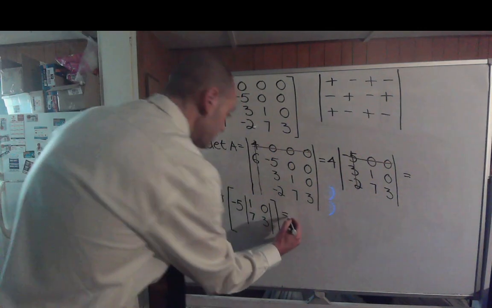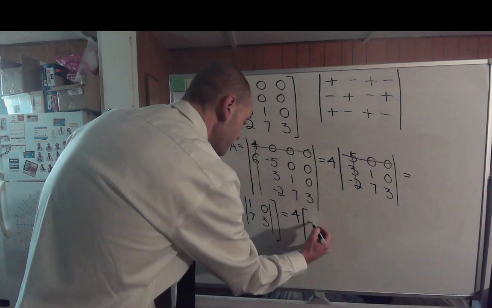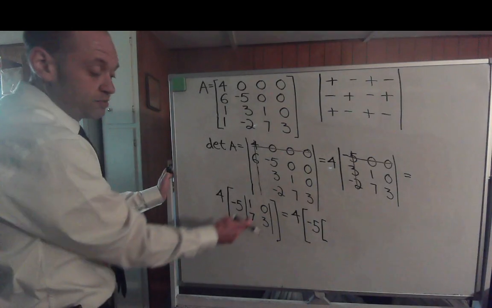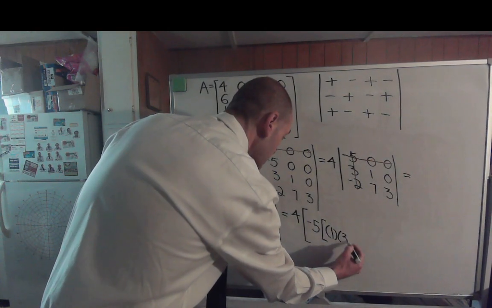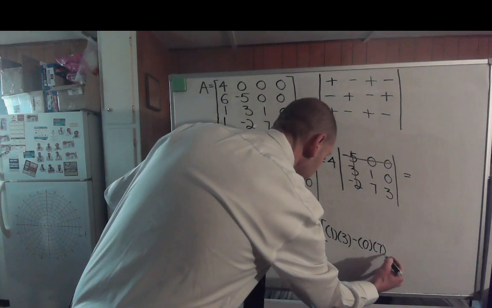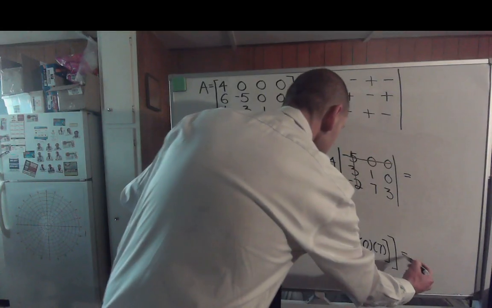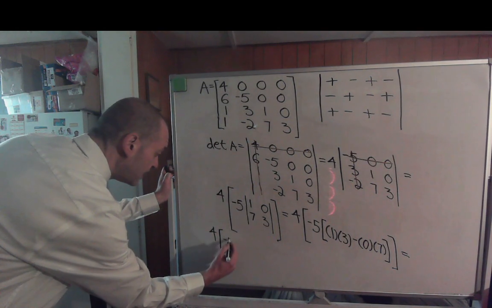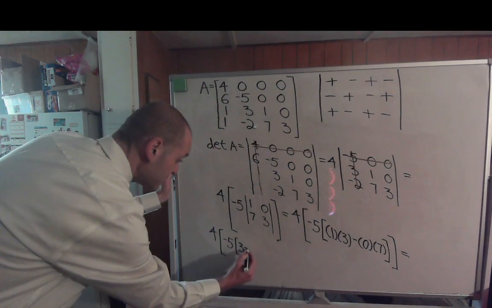So let's go ahead now, let's work inside of our brackets. We'll have 4 times -5 times even smaller brackets here. A 2 by 2 determinant, you're going to have 1 times 3 minus 0 times 7. So this is going to turn into 4 times -5 times, let's see, 1 times 3 is simply 3 minus 0.